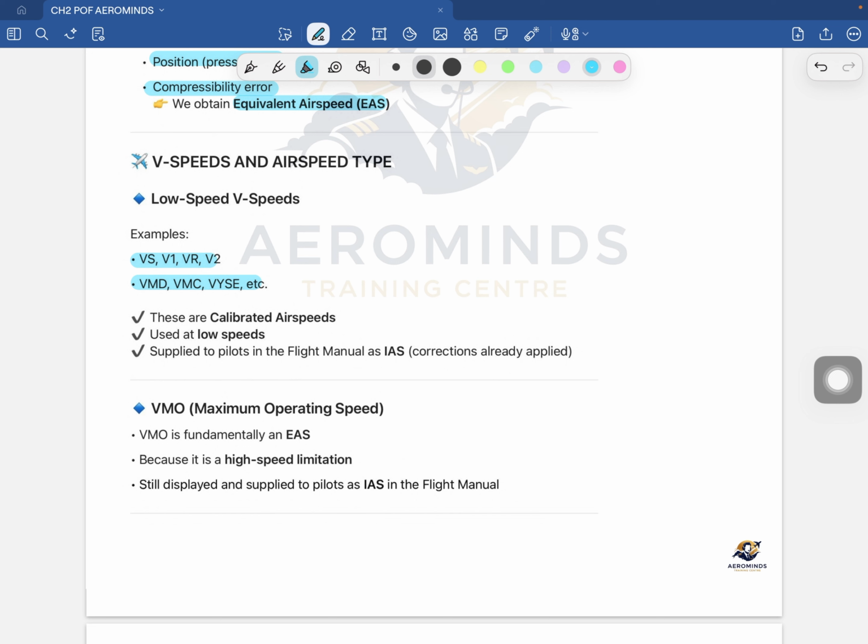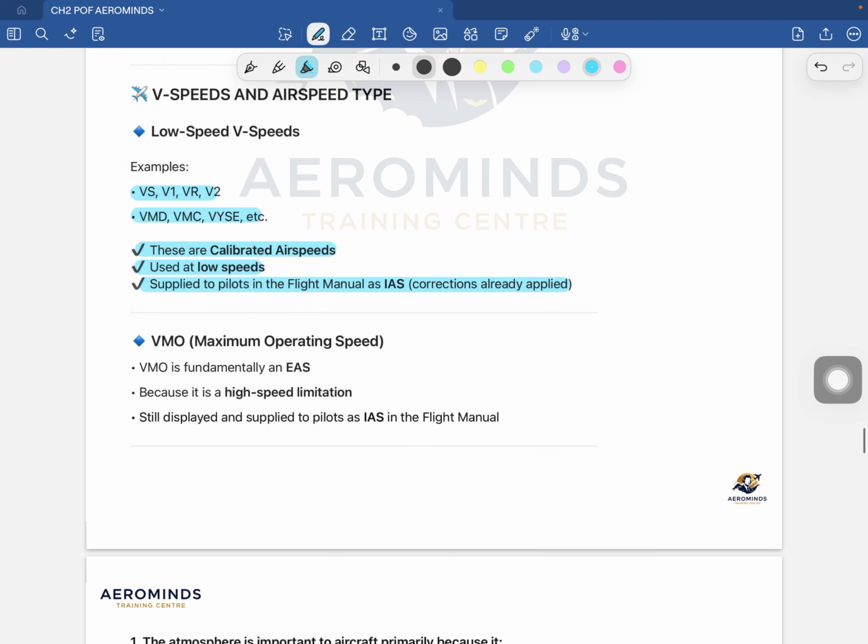These are all calibrated speeds, used at low speeds and supplied to the pilots in the flight manual, or AFM, as IAS, and the corrections are already applied.